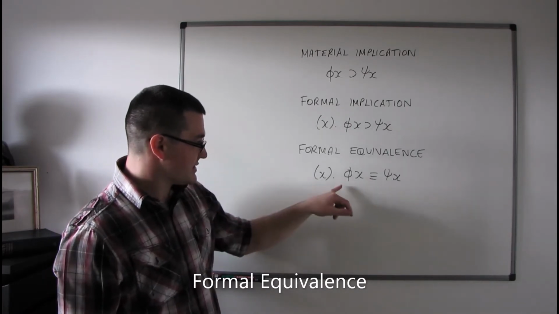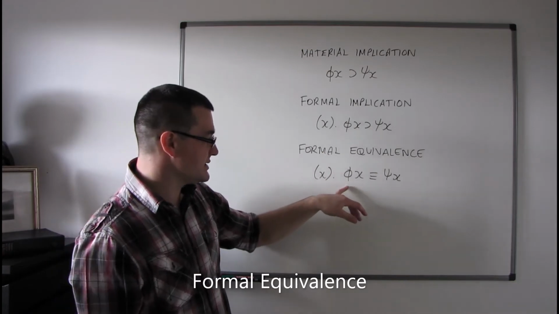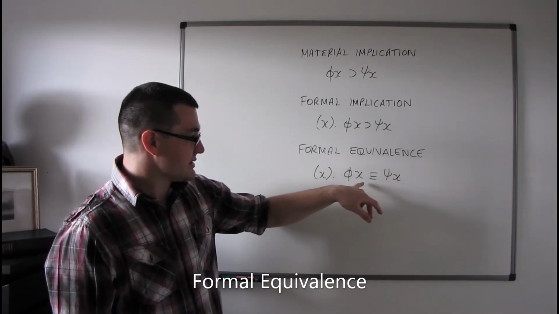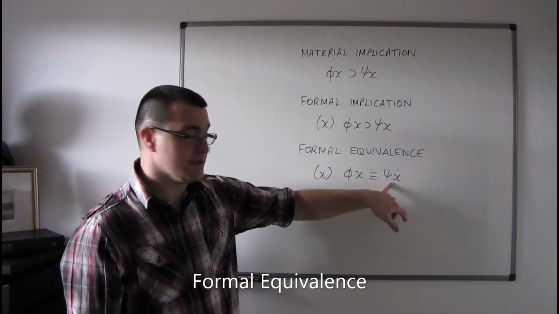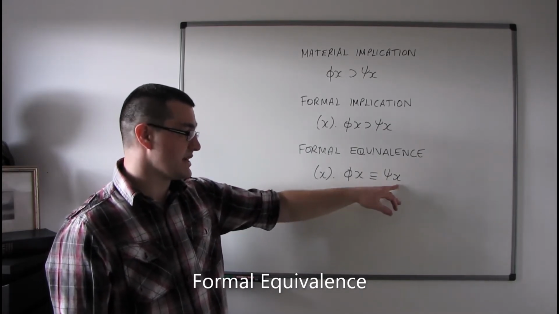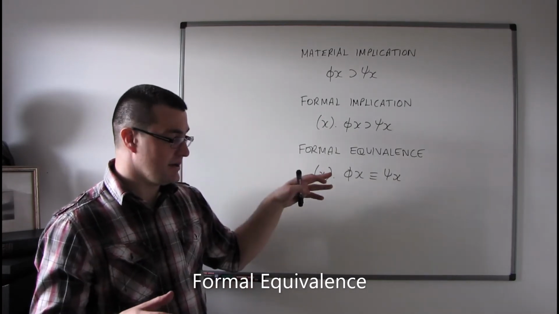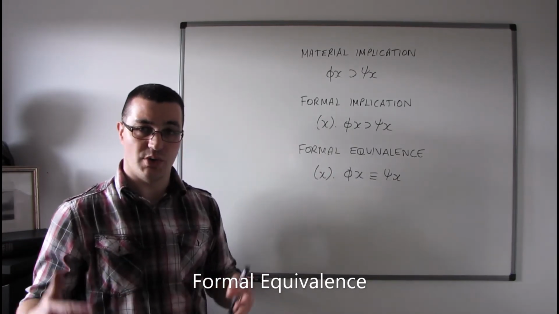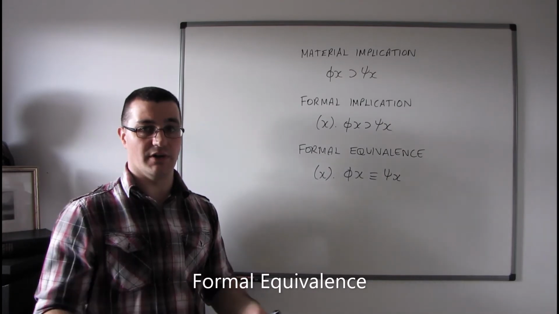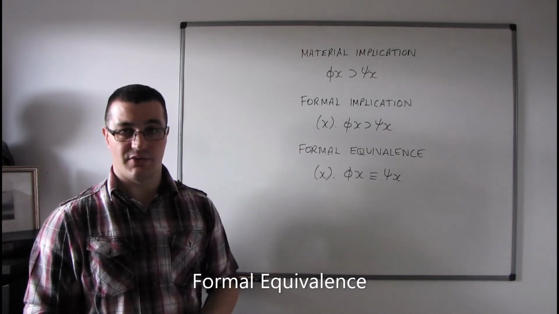So one way to interpret this is phi x is formally equivalent to psi x. So that's how we would say this. Phi x is formally equivalent to psi x only in the case where phi x and psi x are true on exactly the same values of x and false on exactly the same values of x. So that's what we mean by formal equivalence.